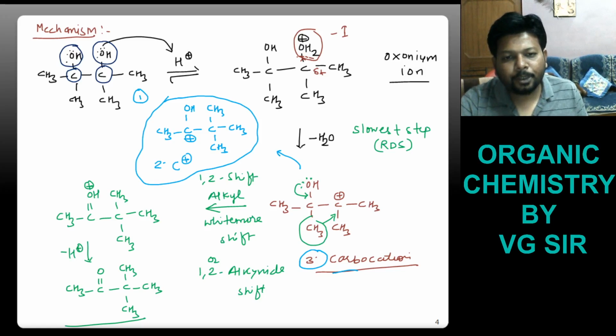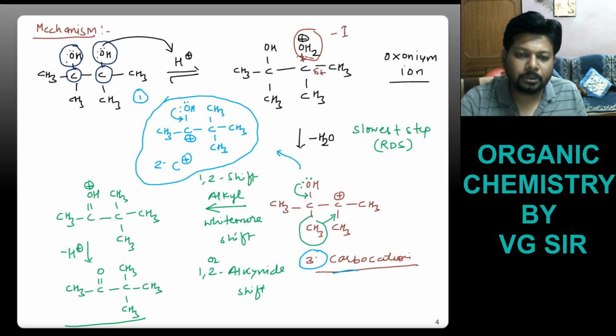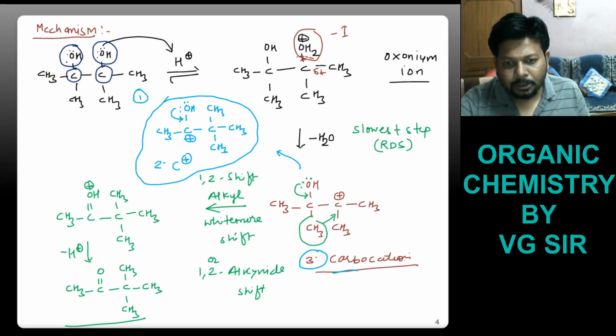Although we are getting a 2-degree carbocation, this carbocation is having back bonding, or you can say resonance participation, of the lone pair of the oxygen atom. What happens when this lone pair participates in the back bonding? You can see the octet of every atom is complete, although the positive charge is on oxygen, which is less stable than the positive charge on carbon.